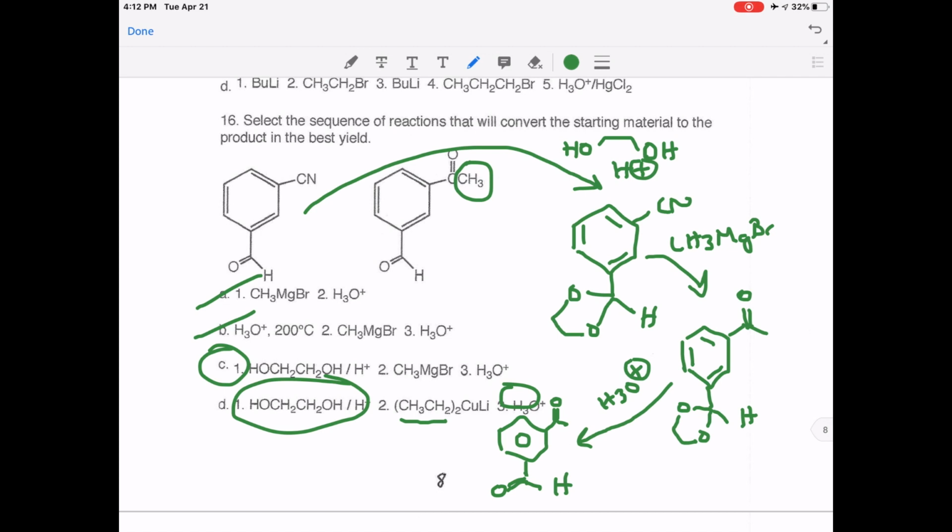This will give us the ketone but with an ethyl substituent on the right hand side, so that is not our desired product, so that rules out D. Ultimately we are left with C as the best way to produce the final product in the best yield.